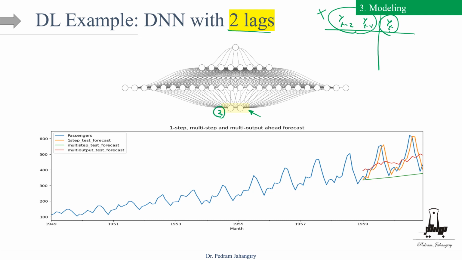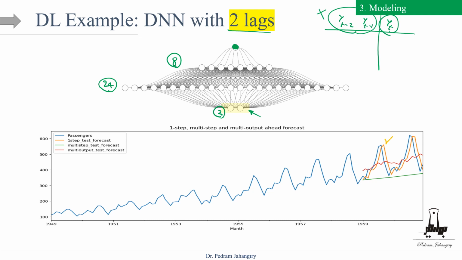I'm adding 2 hidden layers, one with 24 neurons, and then the other one with 8 neurons, and this is simply our one step ahead forecast, so that's why we only have one output node, right? If you want to do multi-outputs, you're going to add multiple of them here. Okay, so for now, let's look into this one. So the one step ahead forecast is going to look like this.